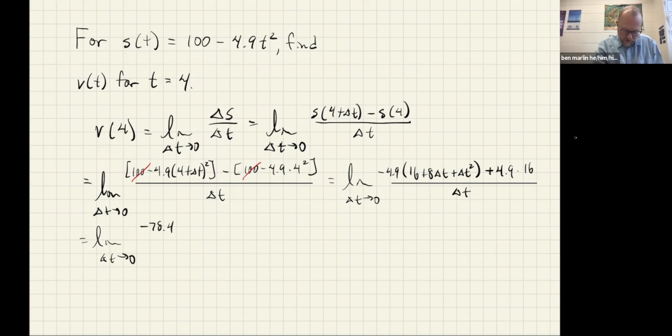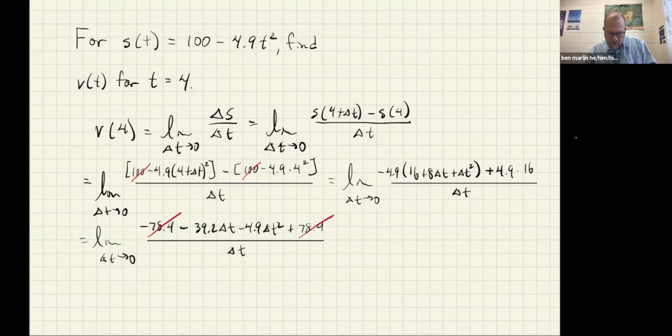I started to say plus, but it's minus 8 times 4.9, which would be 39.2, and that's times delta t. And then minus 4.9 delta t squared, and then plus that 78.4, all over delta t. Now we're going to cancel the 78.4s. What I need you to spot in our limit as delta t goes to 0 is that we have a factor of delta t across the entire top.